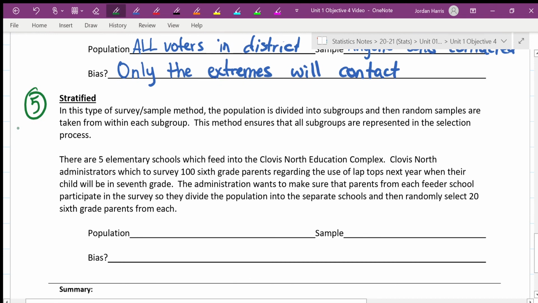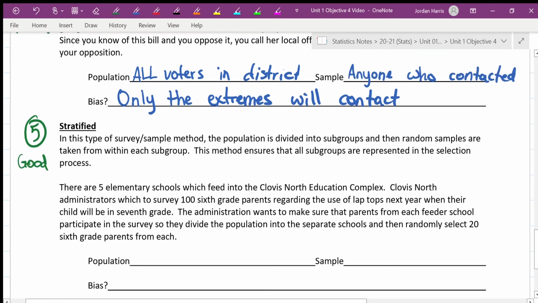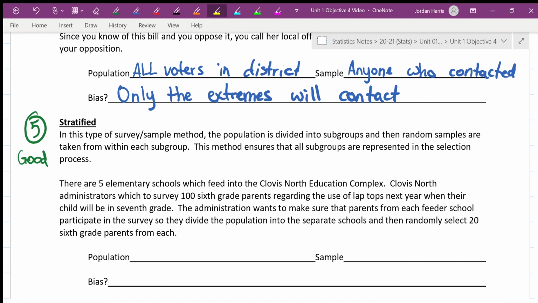The next one, stratified. This is actually back to a good sample. Remember, it's not best. There's still bias, even if you do it 100% correct. Okay? So in this type of method, the population is divided into subgroups. We call these strata. That's where the term stratified comes from.